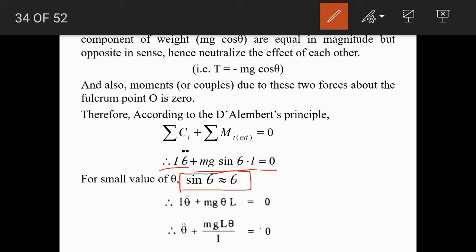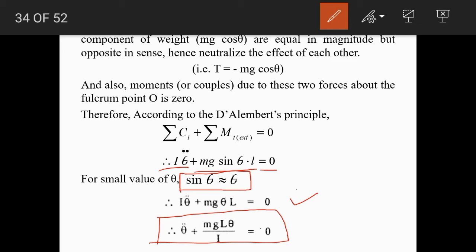So the equation reduces to I theta double dot plus mg theta into L equals 0. That can also be written as theta double dot plus mgL theta divided by I equals 0. So that is our equation of motion for the simple pendulum.